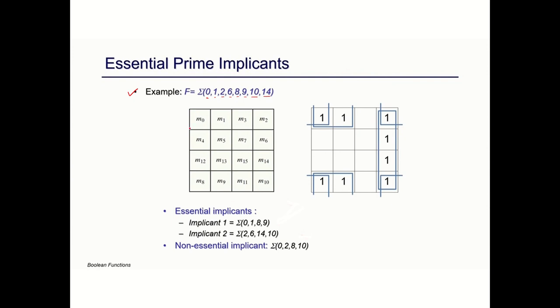So this is the cell based K-map where the positions of the variables can be designated as m0, m1, m2 and m3, m4, m5, m6, m7 and then m8, m9, m10, 11, 12, 13, 14 and 15.